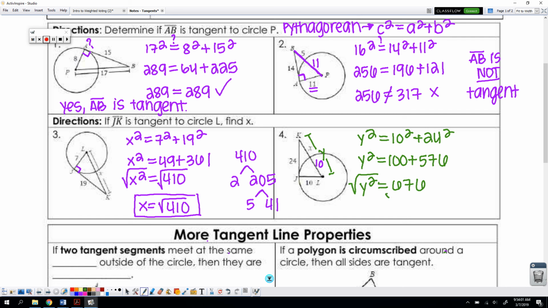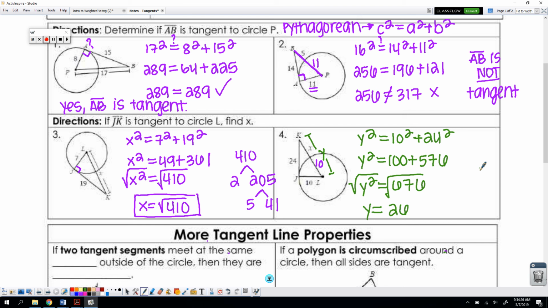Square root. Y equals, now, actually 676 is a perfect square, so put it in your calculator, the square root of 676. Correct, it's 26. Now be careful, because we don't want 26 as our final answer. We know that the total is 26, and we want to find x.